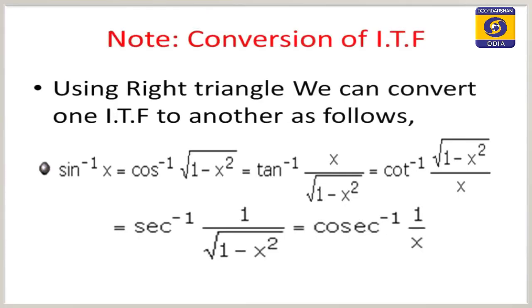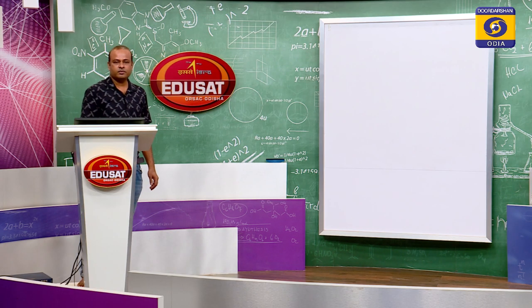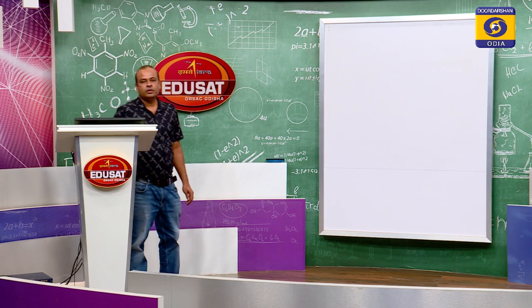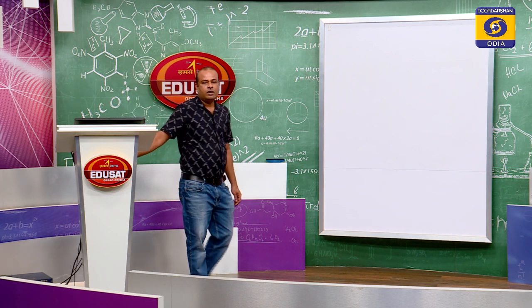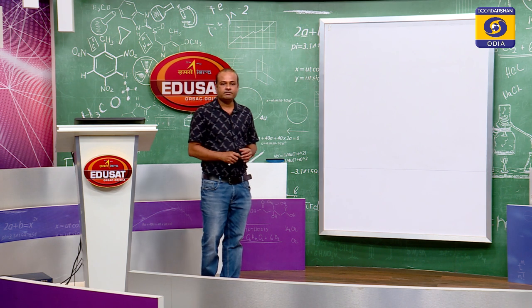Suppose sin inverse x, you can write as cos inverse root over of 1 minus x square, which is equal to tan inverse x by root over of 1 minus x square, which is equal to cot inverse root over of 1 minus x square by x, which is equal to sec inverse 1 by root over of 1 minus x square, which is equal to cosec inverse 1 by x. These formulae are used for the solution of different problems.